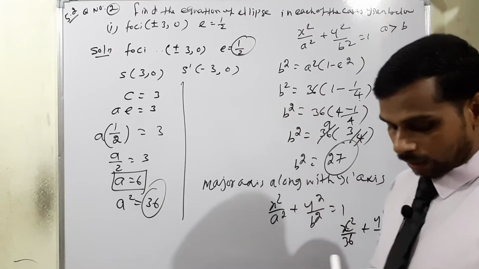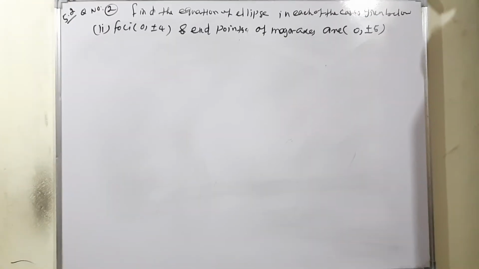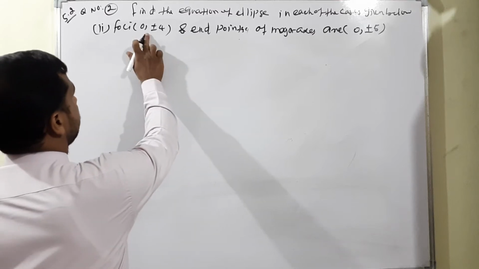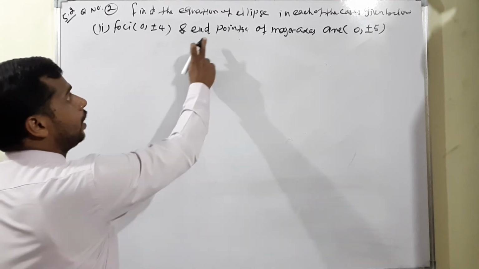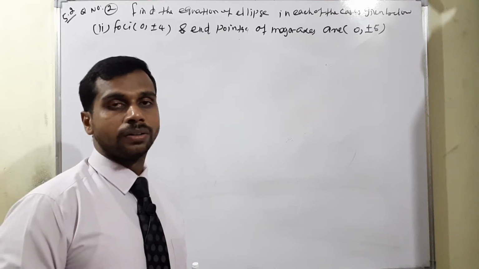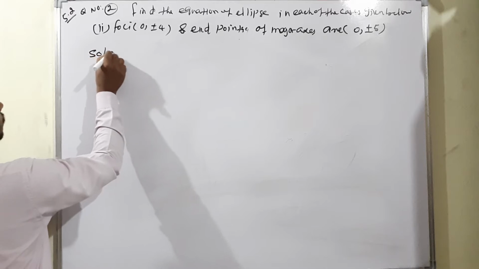Okay, I am moving to subdivision 2. Find: foci 0 comma plus or minus 4, end points of major axis 0 comma plus or minus 5. End points of the major axis are called vertices. So, foci given condition, solution.